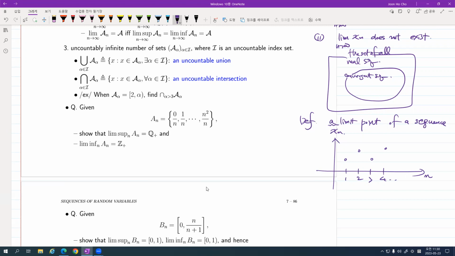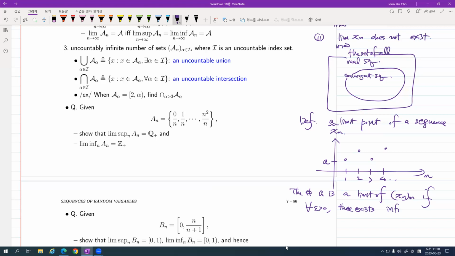What does that mean? A is a limit point means that for every epsilon positive, the number A is a limit point of x_n if, because this is a definition, for every epsilon positive, there exist countably infinite, or infinite, n's.